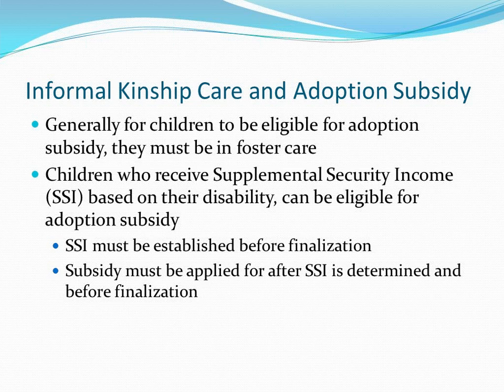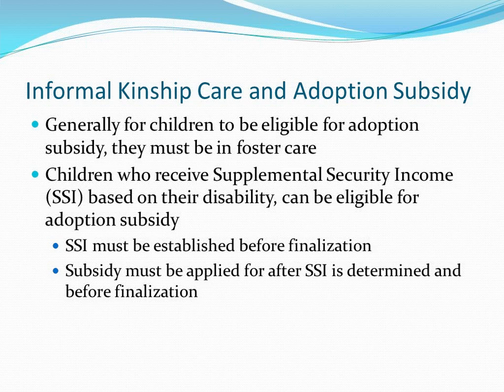And some of the children in these informal placements, whether CPS was involved or the other very common scenario where the family never wanted the child to go into the foster care system, so they kept the child from going to the foster care system and fought to get custody of that child, have disabilities. These are going to be significant long-term disabilities, and sometimes these children receive SSI based on the child's disability.